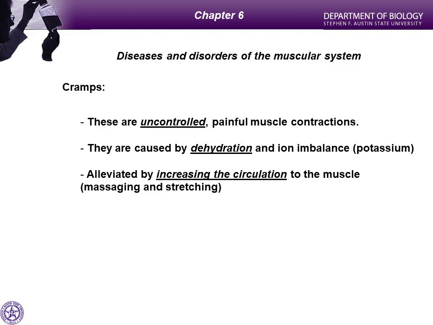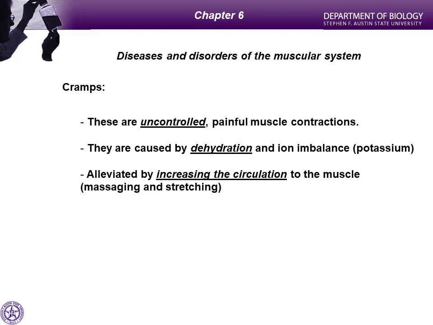And if you look at athletes that get those cramps in their calves, have y'all seen the trainers get a hold of these people? They'll lay them on their back and get their leg, and they will push their toes down toward their body as they're keeping the leg straight. It's stretching out the calf muscle. And the trainer is massaging the calf to try to increase the circulation, to bring in more fluid, to then balance out the ions around that muscle that's cramping.